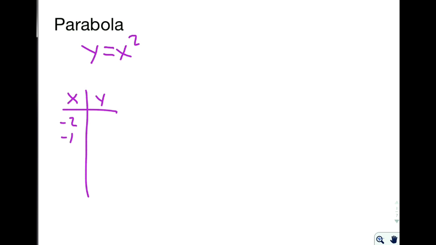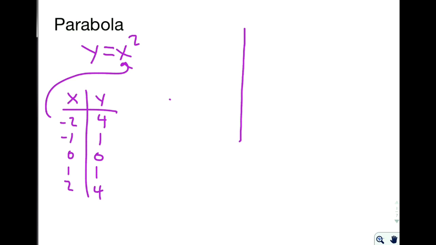Plug in some common values here, and if you were to take -2 and square it, it would become +4. -1 squared would be +1, 0 is 0, 1 is 1, 2 is 4. And so similar to the absolute value graph, everything stays positive here, except this time, instead of a strict V shape, we end up getting something that is going to be curved and U-shaped.